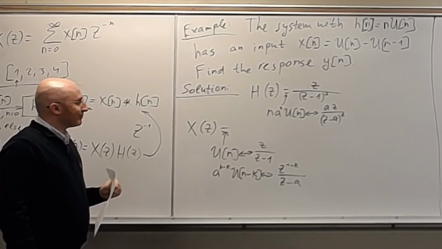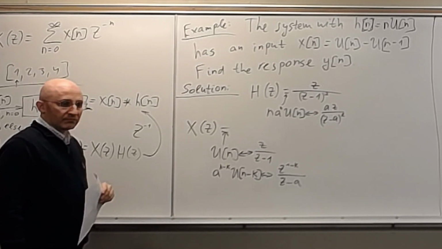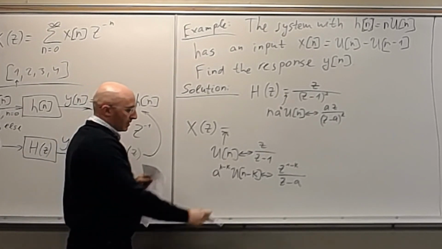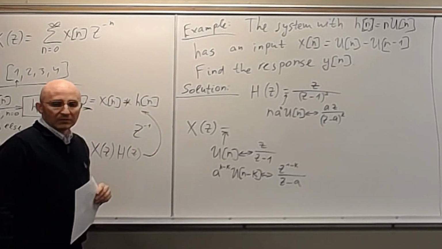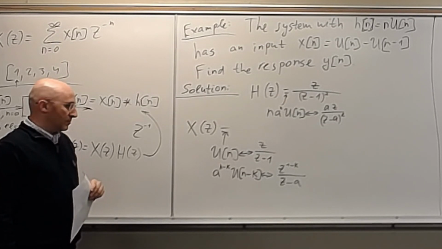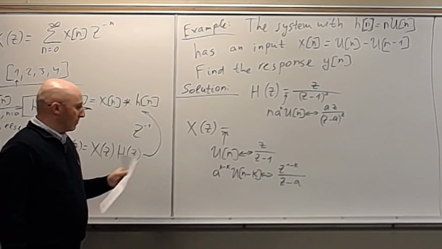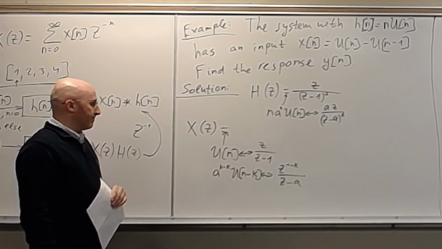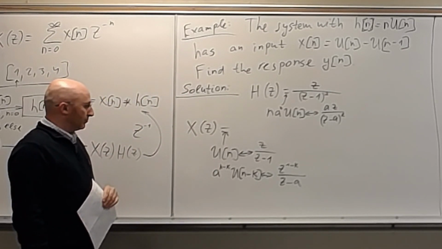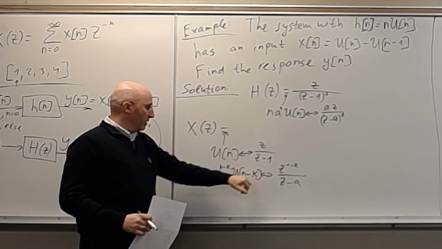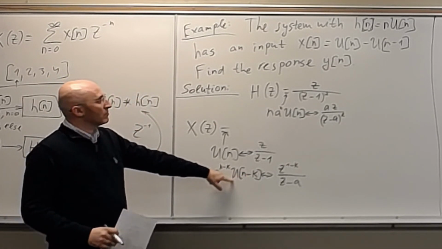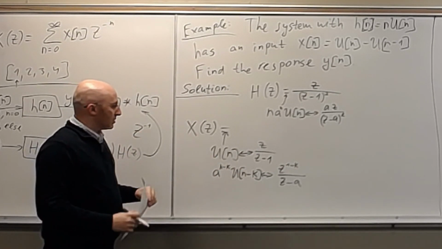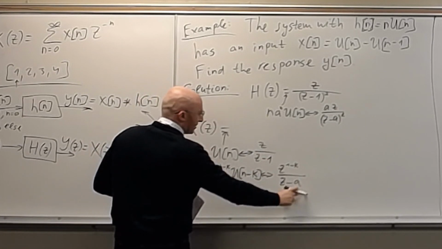Something like that. Again, in that case, a equals 1, and k equals what? Also 1. That's because it's the time shift, right? n minus 1. If it was n minus 2, it'd be 2. So this one is 1 and this one is 1, and then you get just u of n minus 1. And this one is u of n. So we need to subtract this one minus this one.